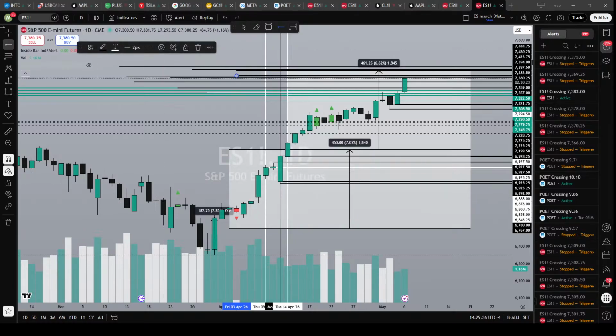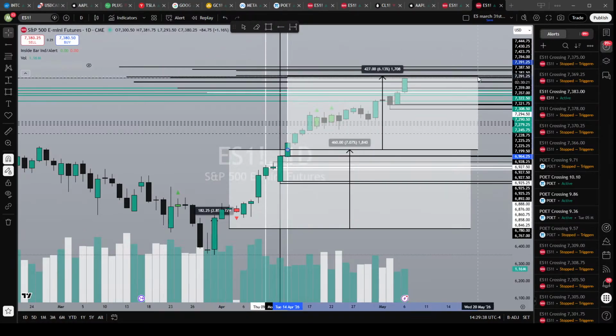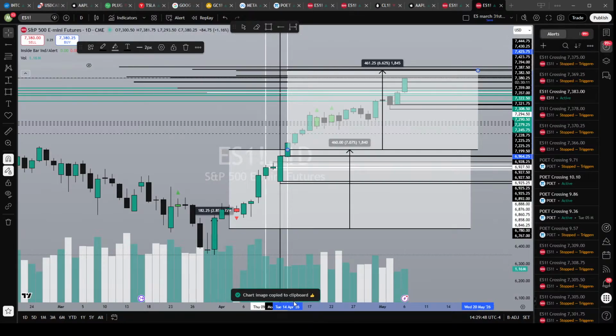That's like the 429 to 430-ish point range. And then this would be the 7,425 to 27, which is basically the 461 point ratios. That's off a more calculated approach, off the low range from April 2nd, okay? That's manually calculating that, by the way.